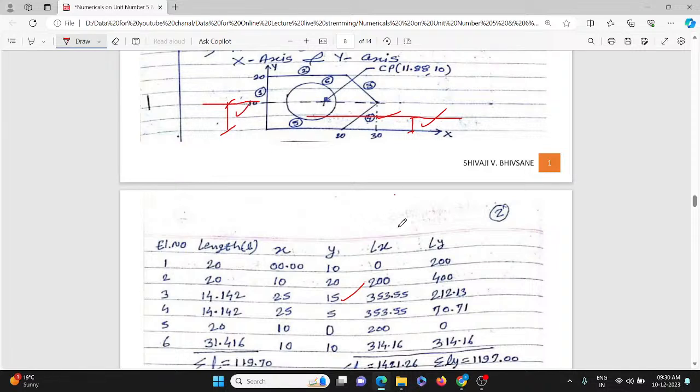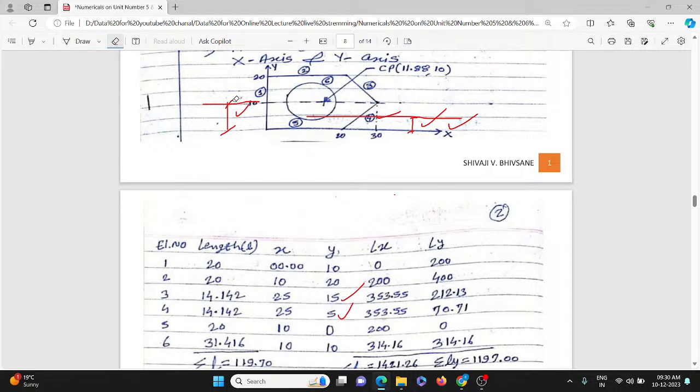So 10 divided by 2, so it is 5. And so this distance is nothing but equal to 5. That is the distance from x, so that is nothing but the y.